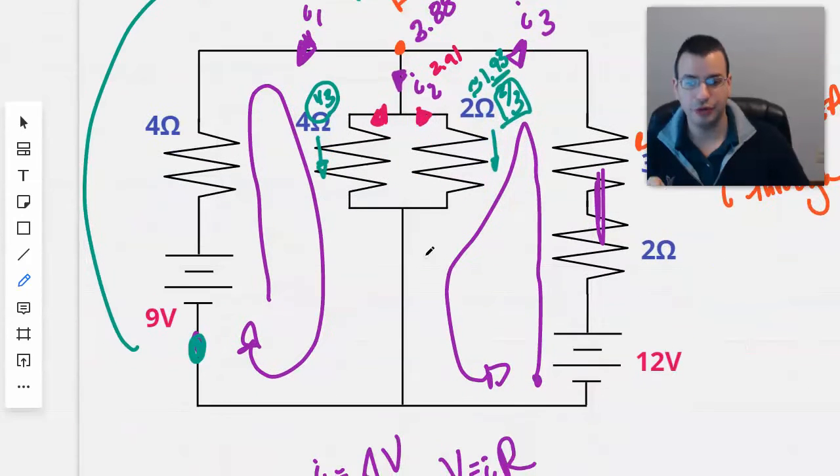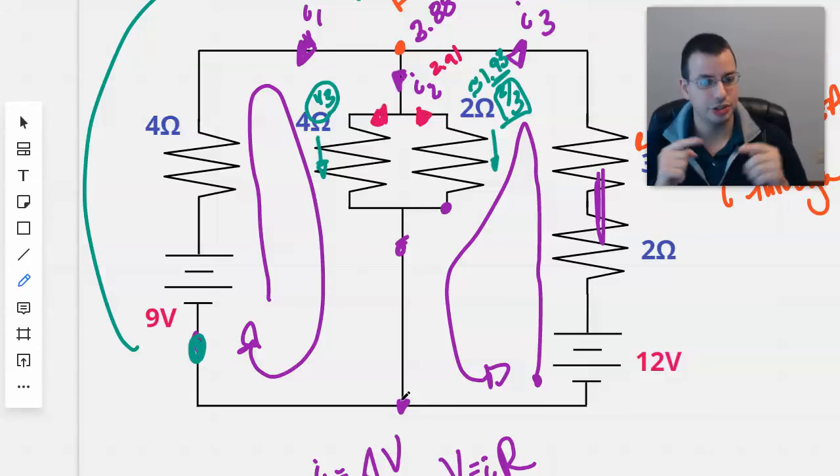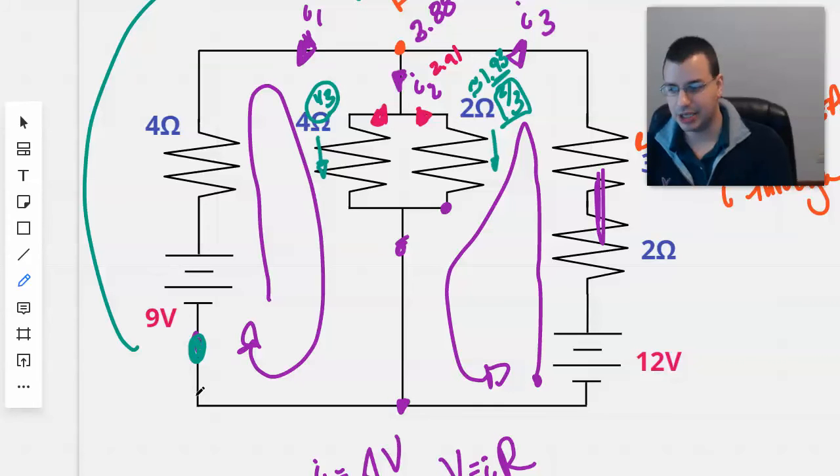And we know the voltage at this side down here. So the voltage here is the same as the voltage here, which is the same as the voltage here, because they're all connected by a wire. If you have a wire connecting 2 points, it's going to be a conductor, and so the voltage will be the same, which is the same as the voltage here.